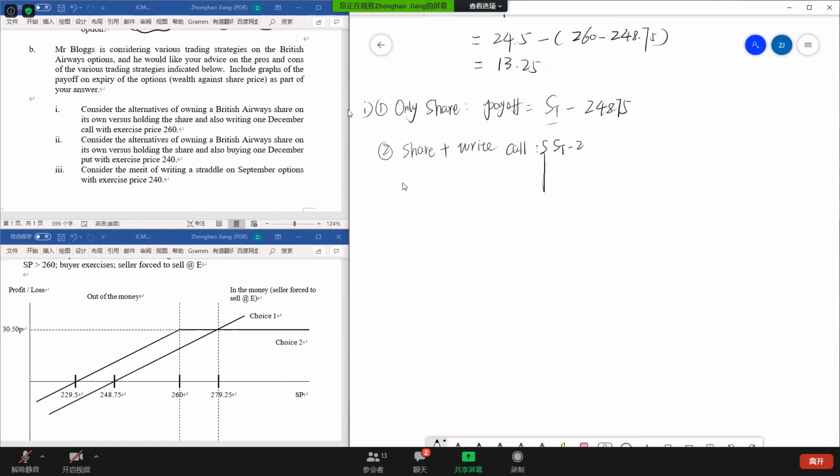The payoff of the stock we hold, and the payoff of the written call is. The exercise price here is 260. So then we write like this.